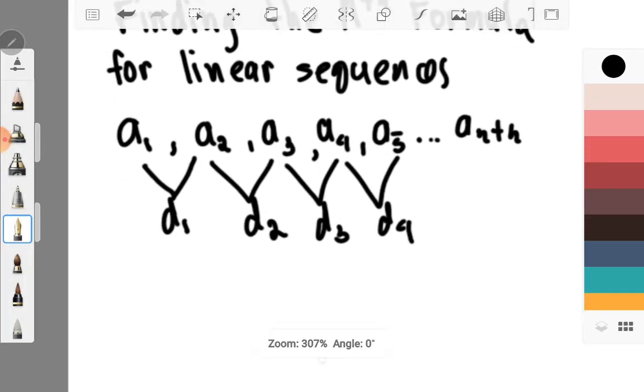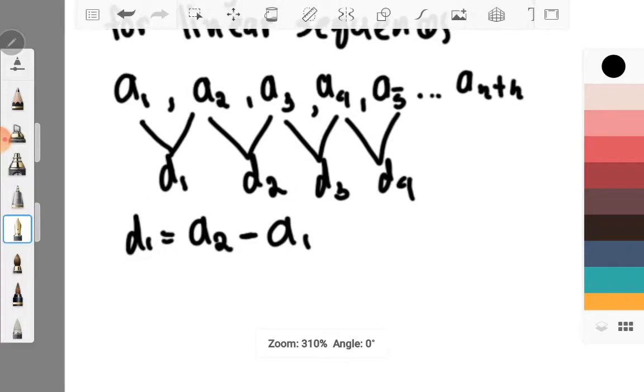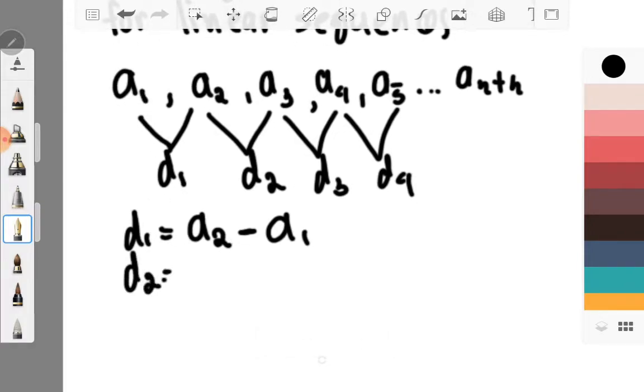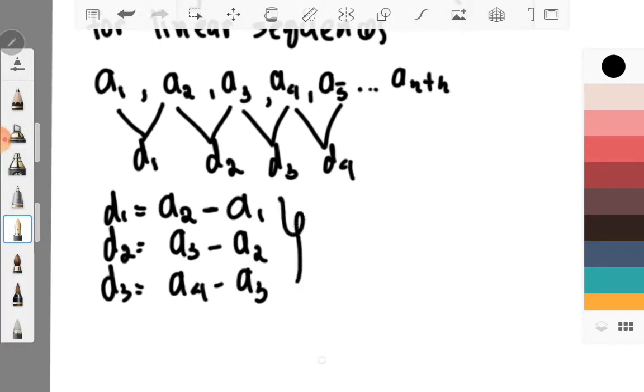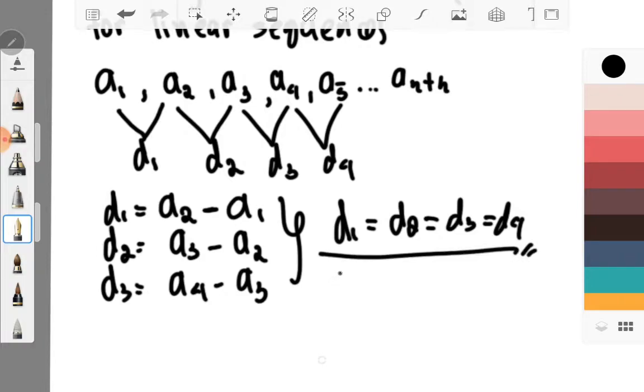Take note that your D1 is equal to A2 minus A1, and our D2 is equal to A3 minus A2, and our D3 is equal to A4 minus A3. So, if this D1 is equal to D2 and equal to D3 and also equal to D4, at first difference, therefore, this is a linear sequence.